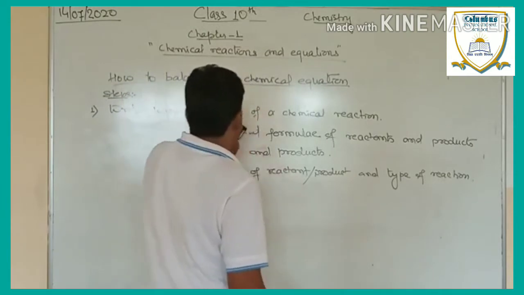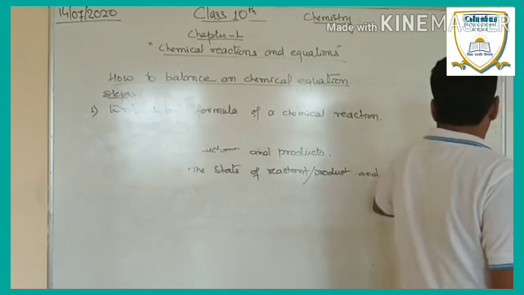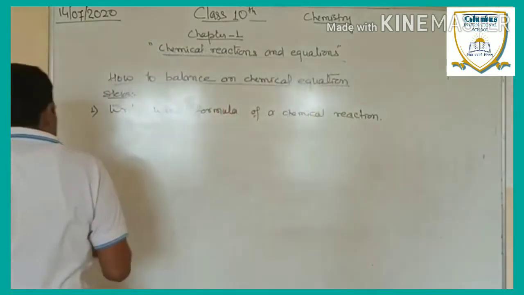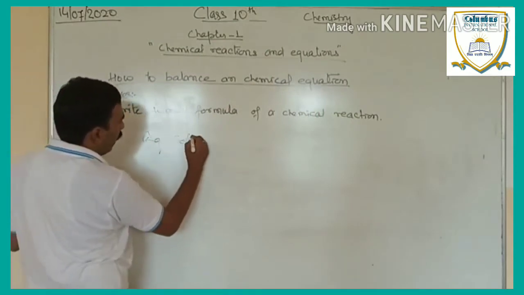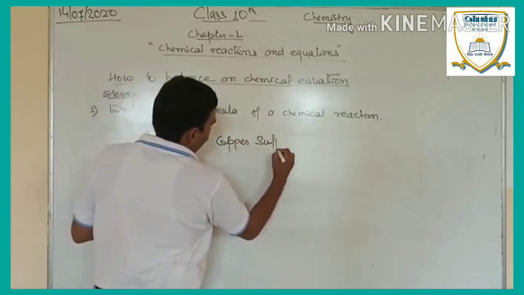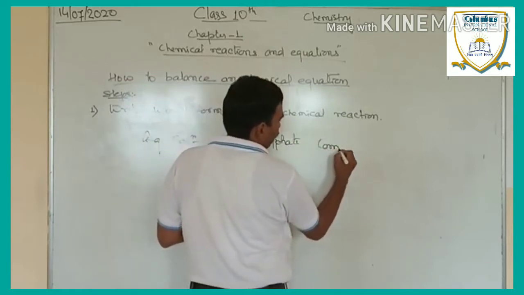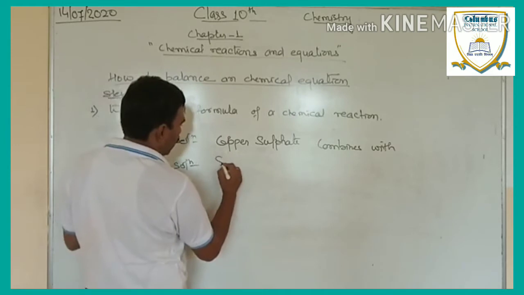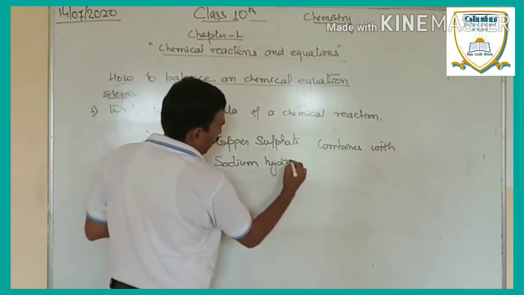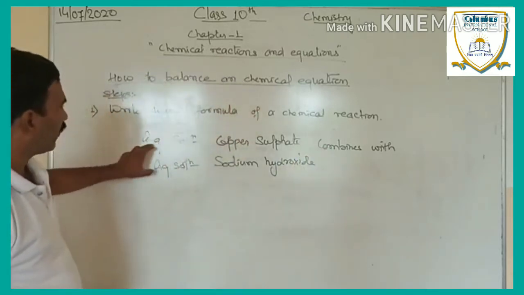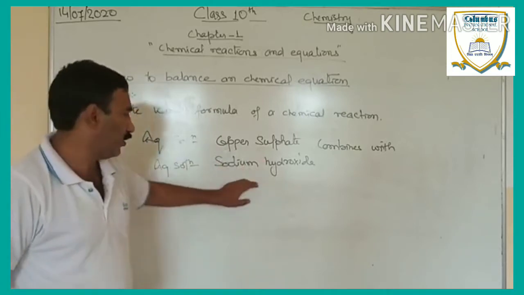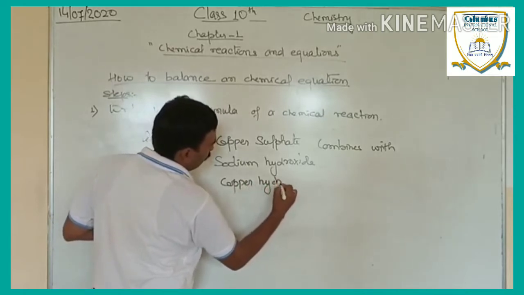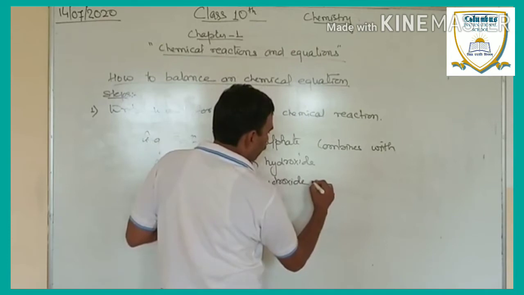Let us take an aqueous solution of copper sulfate, which combines with an aqueous solution of sodium hydroxide, and the products are copper hydroxide plus sodium sulfate.